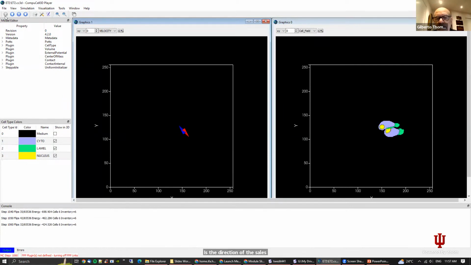Of course, see the cell divided, you have two arrows. At this time lapse you cannot see much because the simulation is so slow and the images are being created every 100 Monte Carlo steps.